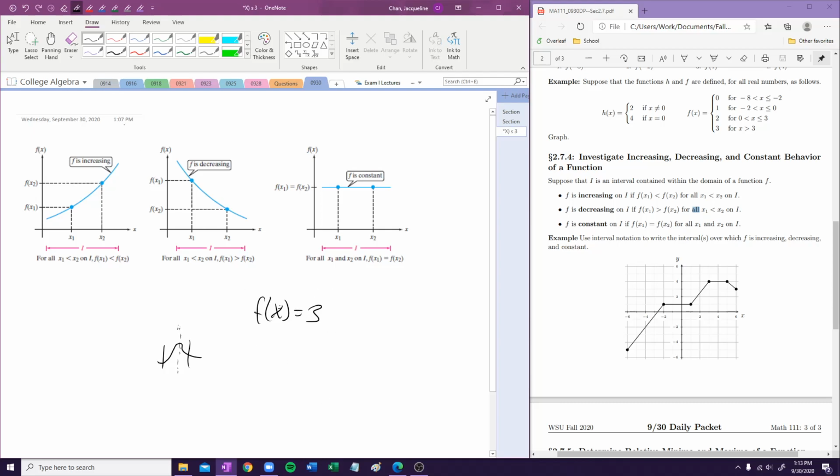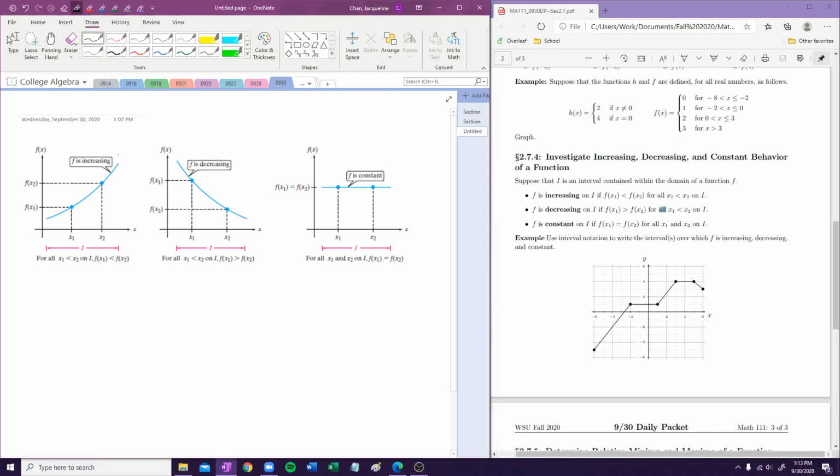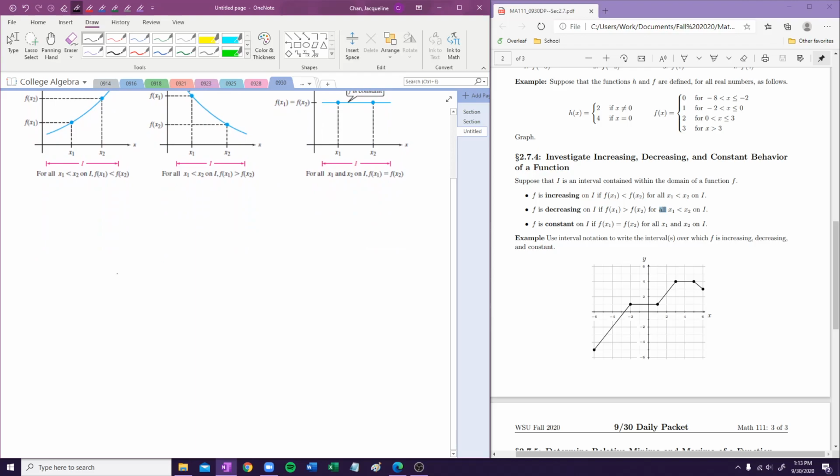All right. So let's do this example over to my right. We want to use interval notation to write the intervals over which f is increasing, decreasing, and constant. We can do this one of two ways.